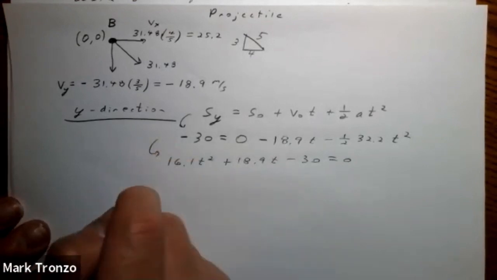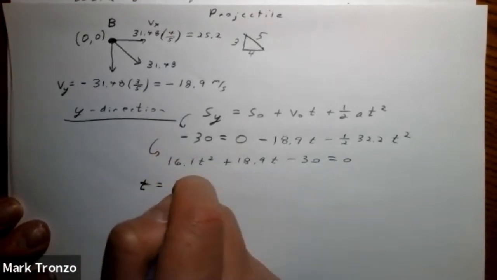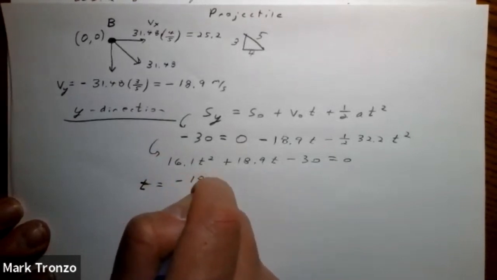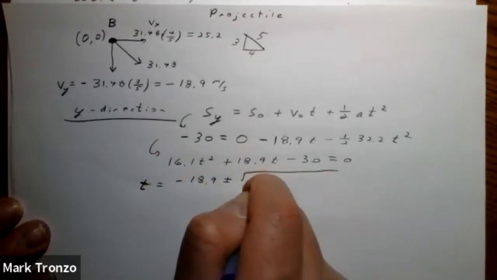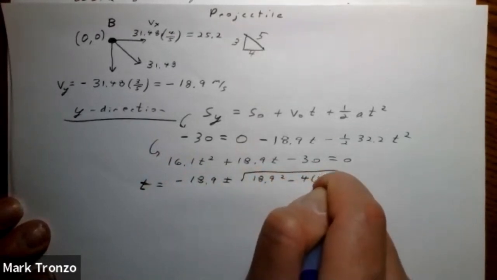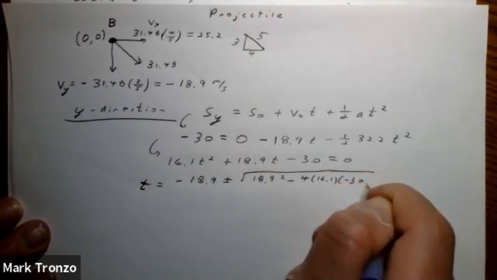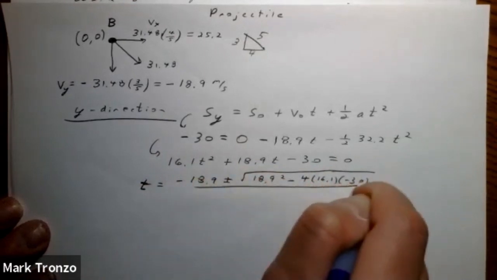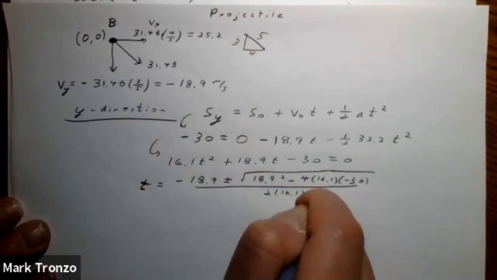I just use the quadratic formula. So t equals minus 18.9 plus or minus the square root of 18.9 squared minus 4AC, divided by 2A.